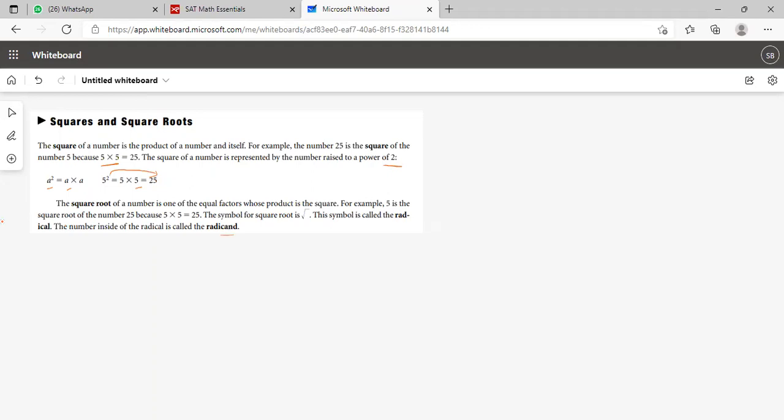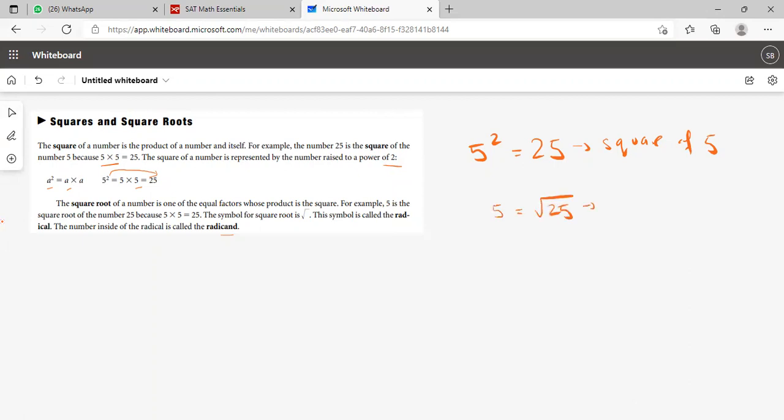Okay, the definitions are very complicated. The concept is very simple. Okay, 5 square is 25. 25 is the square of 5, and square root of a number, this is square of 5, and 5 equals under root 25.